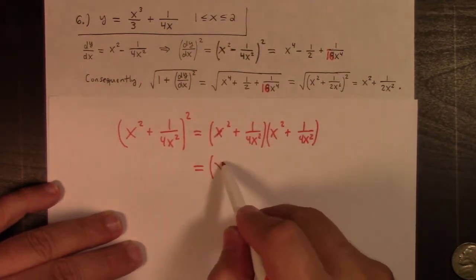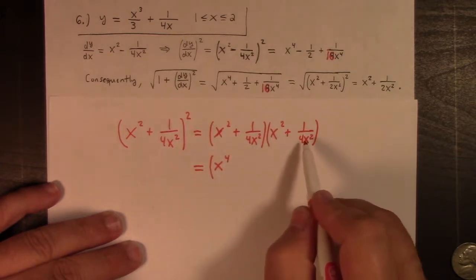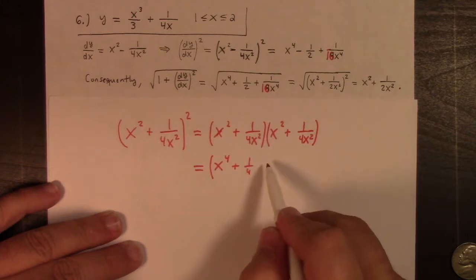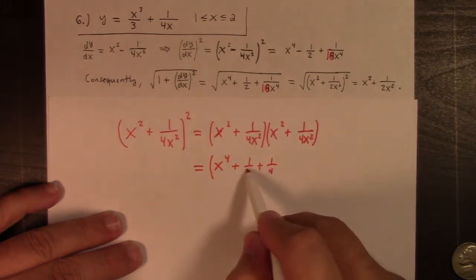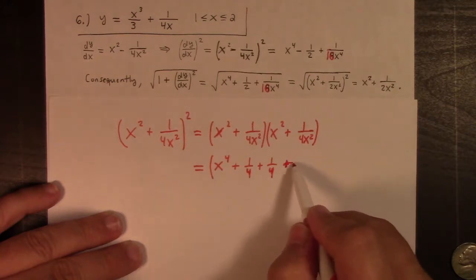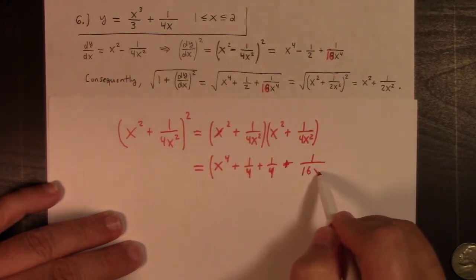All right, so this gives us x to the 4th from that times that. And then that times that gives me plus 1/4. This times this gives me plus 1/4. And that times that gives me plus 1/16x to the 4th.